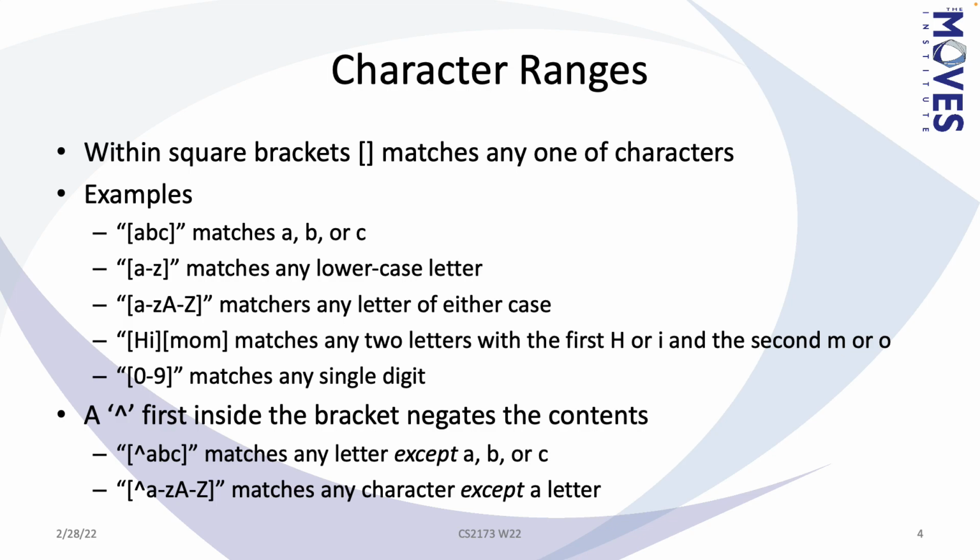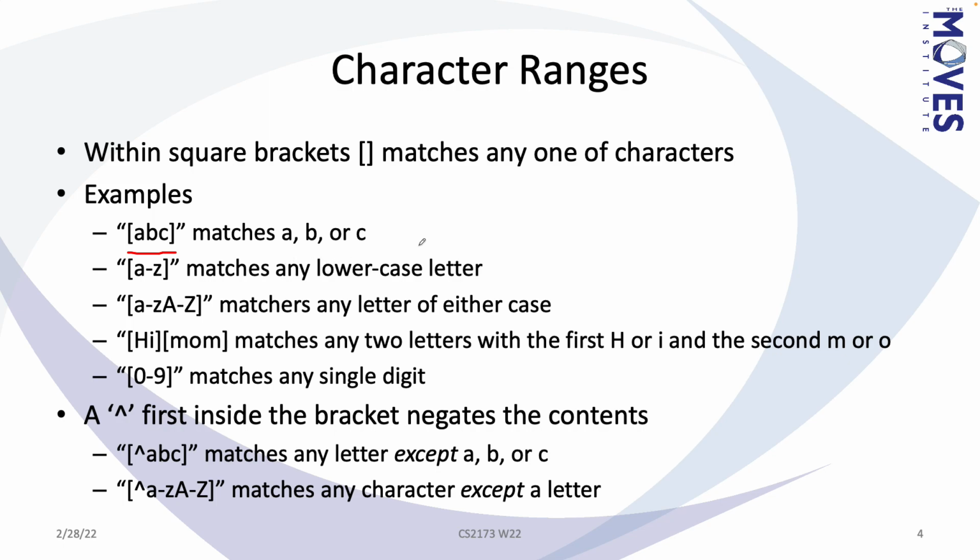Well, then they introduced this idea of having character ranges. And the square brackets that you saw in the thing that I used to split says, pick any one of these. So, for example, the regular expression [abc] will match a or b or c, but not any two-character combination or any letter that is not that.